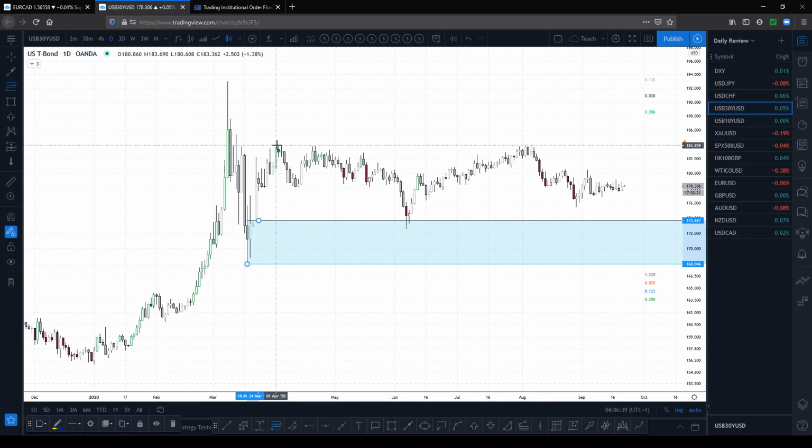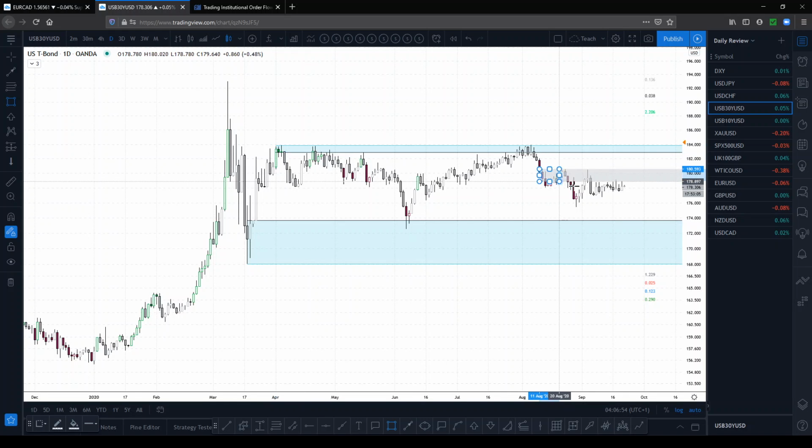So the top side is being set by supply there, and we're kind of in the middle of these two main areas. Again, nothing to do but to wait and see, as prices have tightened significantly in this whole area here. There will eventually be a move to the upside or to the downside, but in this case it's unlikely to produce too much of a change unless it's a big move.